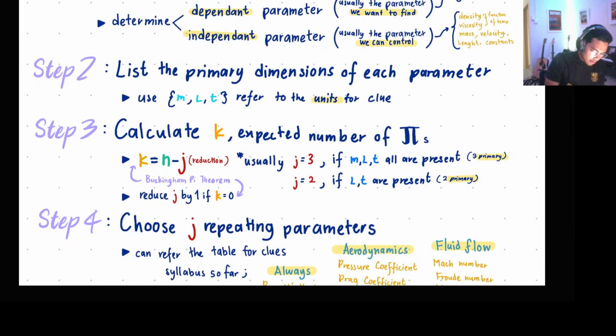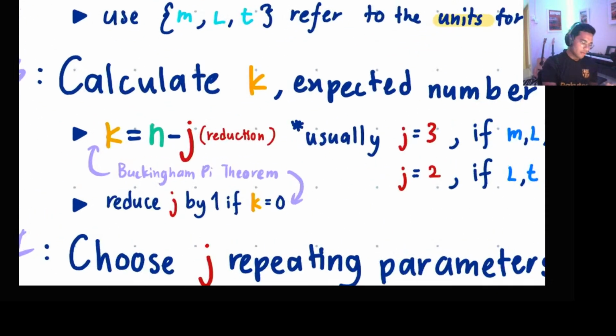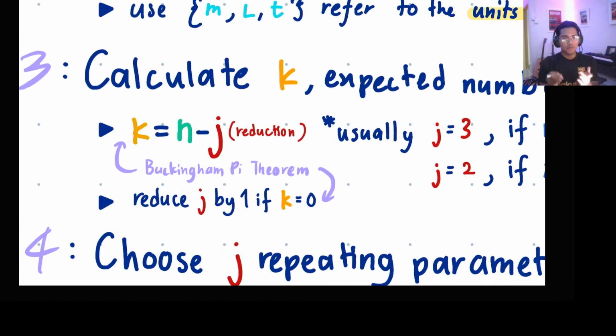So, sambung step 3 tadi. Step 3, calculate the expected number of pi, which is k. This is where the Buckingham pi theorem comes in, which is k equals n minus j. So, what is k, what is n, what is j?